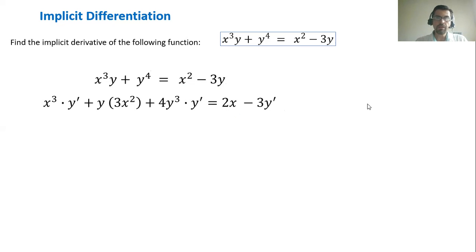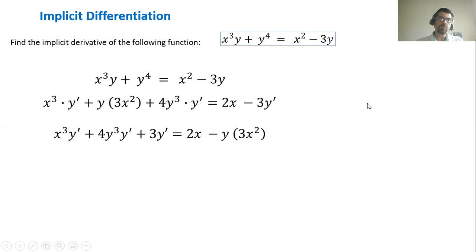Now we are going to solve for y prime. We write all the terms with y prime on one side of the equation and the terms that do not have a y prime on the other side. This term was here; I just removed the little dot. If they're together, they're multiplying. This second term, y times 3x squared, does not have y prime, so we subtract that on both sides and we have it on the right-hand side of the equation.